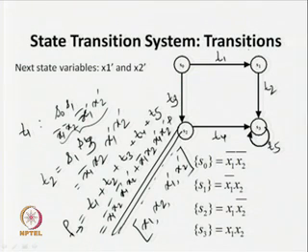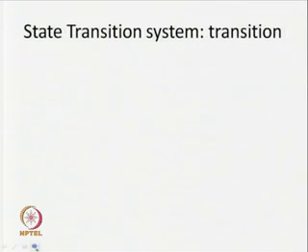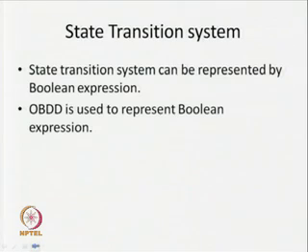After that, if we apply the reduce algorithm to those ordered BDDs, we are going to get ROBDDs of that transition system. That means ROBDD can be used to represent the state transition diagram. That is why we are saying that a state transition system can be represented by a Boolean expression.